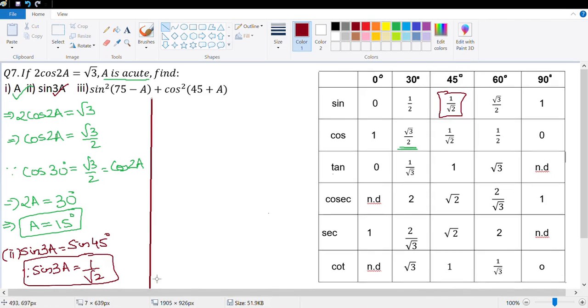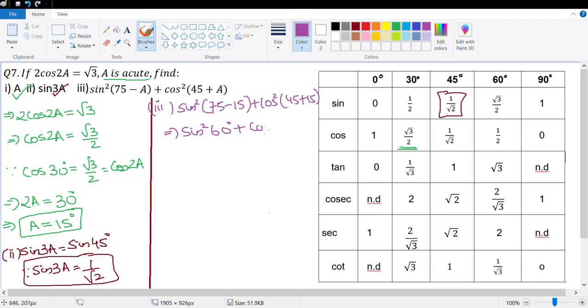Part 3 says find the value of sine square 75 minus a. A is 15, so that's 75 minus 15 plus cos square 45 plus 15. This is sine square 60 degree plus cos square 60 degree.